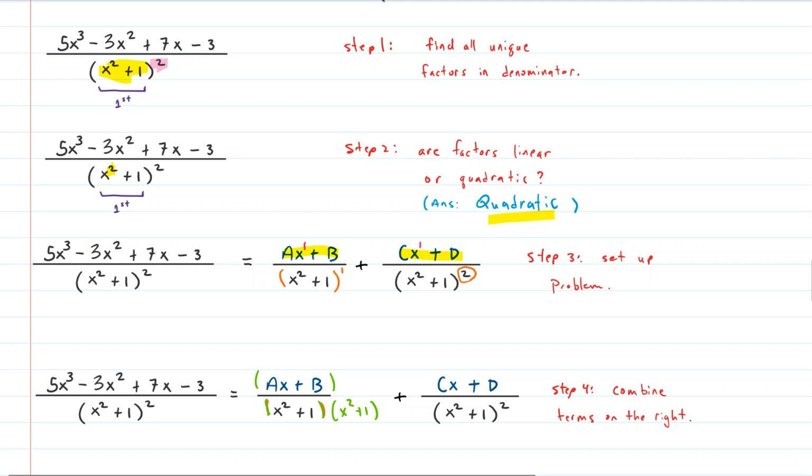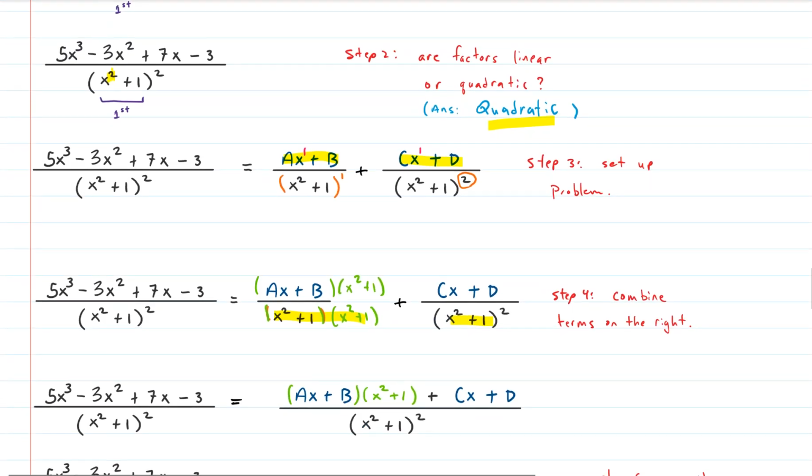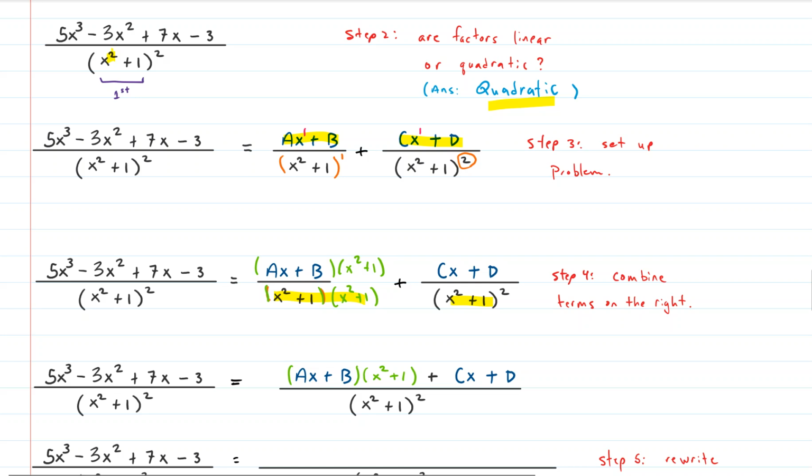If we multiply top and bottom by x squared plus 1, then we have x squared plus 1 squared in the denominator on both the left and the right. So we've got a common denominator, and we can now add them together into one fraction, keeping the same denominator in the bottom, just like we did with our fractions at the very beginning in our little overview.